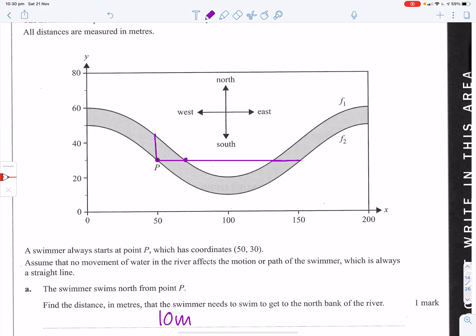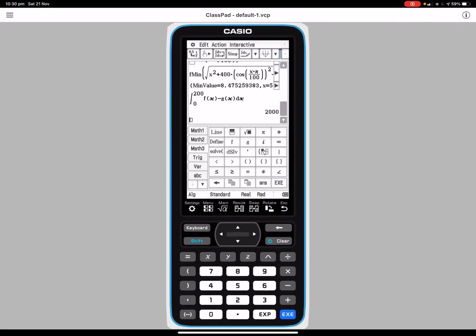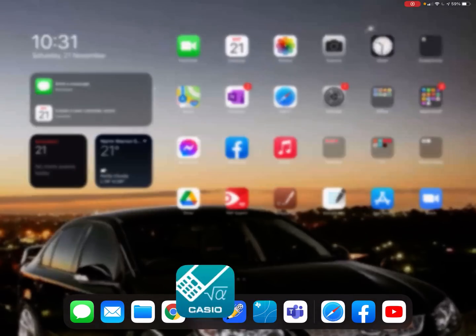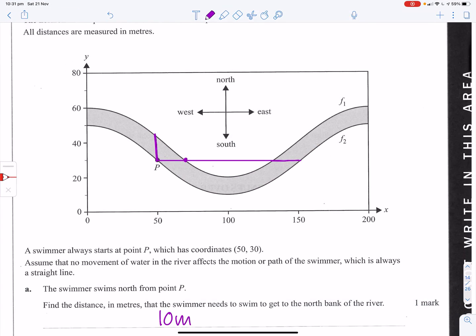So if we did this one, if we did from 0 to 50, and then we times it by 2, we know that area there is 1,000, and that area there is 1,000.